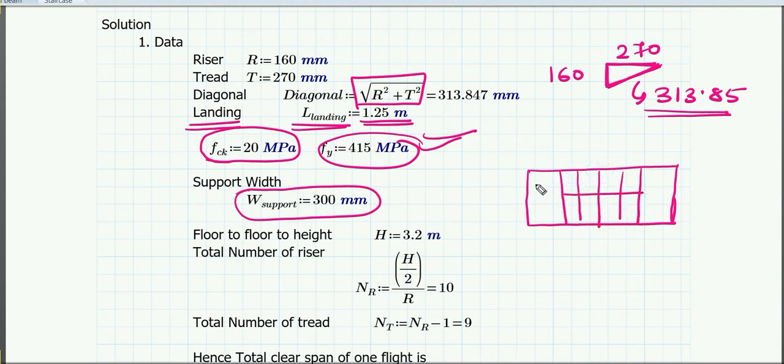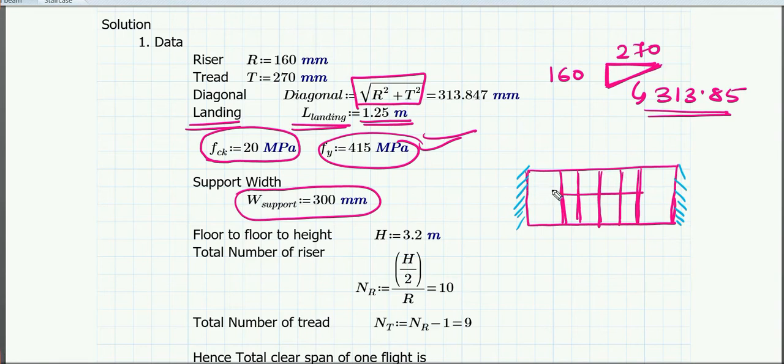That means if these are the risers, and the beams where the slab or the staircase is supported are parallel to the riser, then this beam is over here. Okay, this 300 mm beam is over here. Or if you say the support condition, this side is fixed and this side is fixed. Fine.